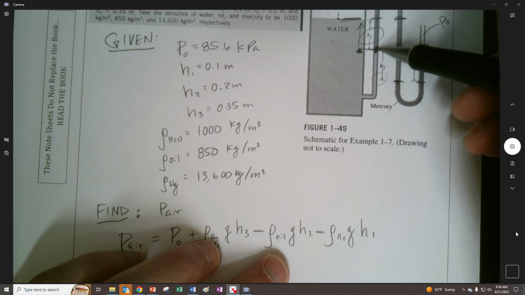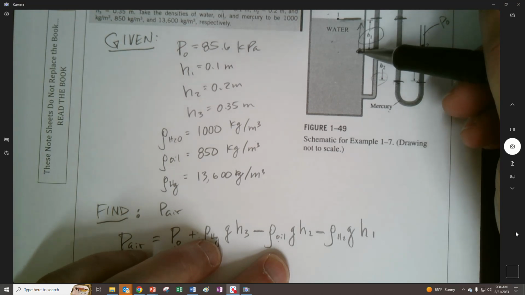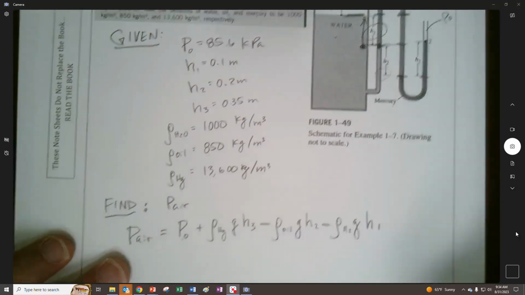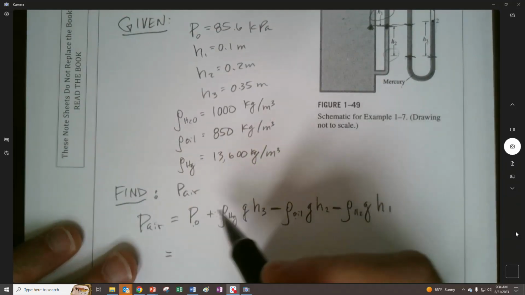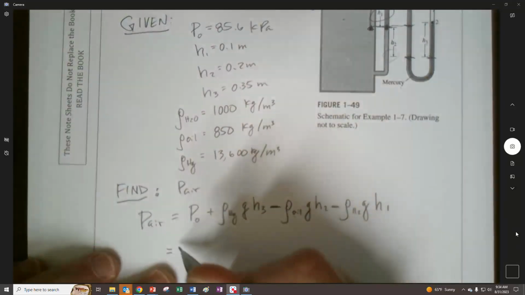This interface between the oil and the water, they share the same pressure. So for the water, that has to be the same one over here. So then we have to swim up to the air right here, and now we're at our destination. I know I kind of messed it up a little bit, but anyway, let's turn this into numbers.